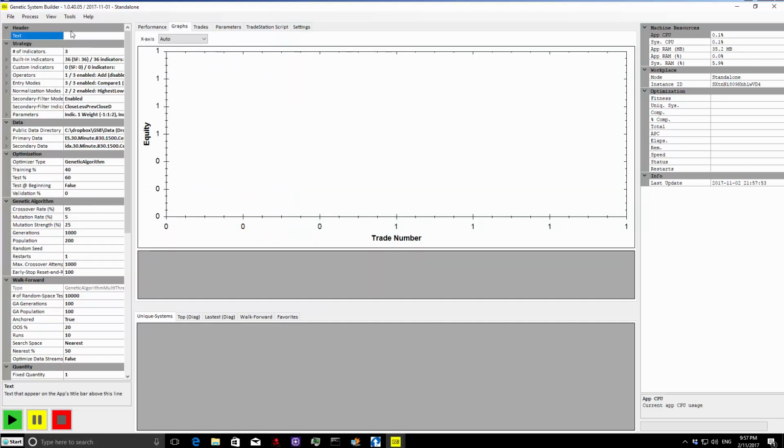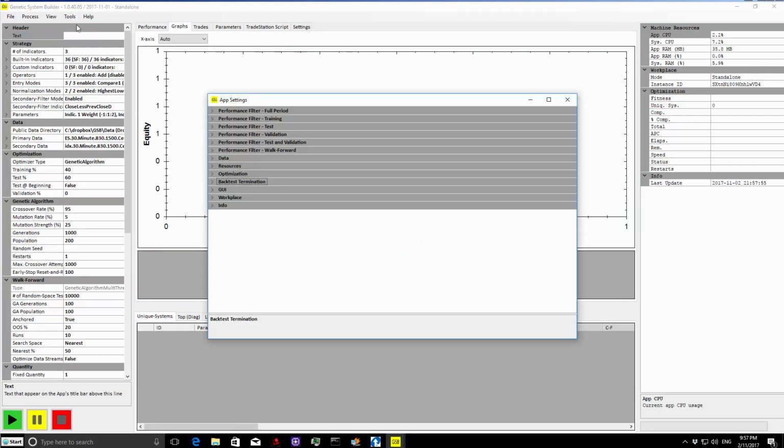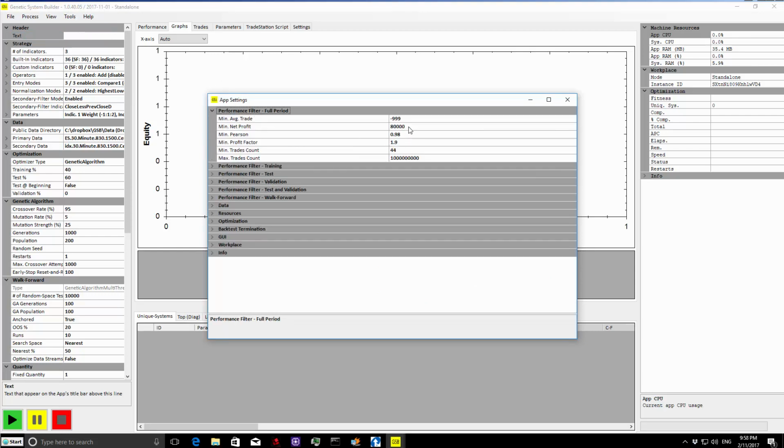tight, and what I mean by tight is we're looking for systems of particularly good performance metrics. So we're looking for something that has at least $80,000 profit, a Pearson's of 0.98, which means it's very close to a straight line, and we want a minimum profit factor of 1.9.